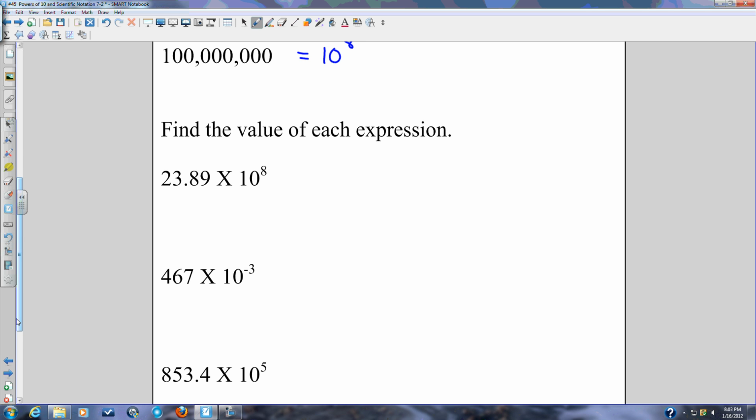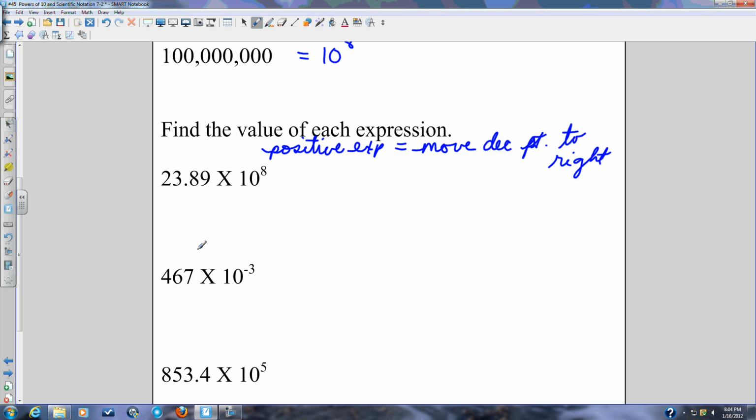So now next, let's say that we want to find the value of each expression. 23.89 times 10 to the 8th power. If your exponent is positive, I should say, positive exponent means move your decimal point to the right. Okay?